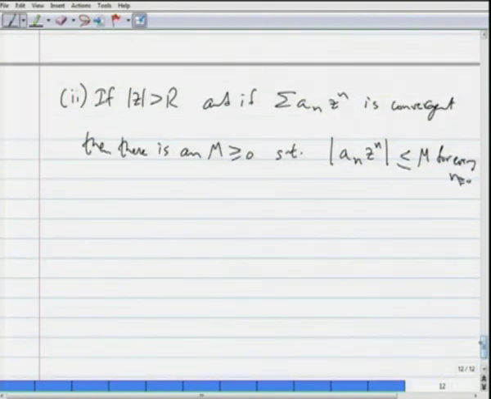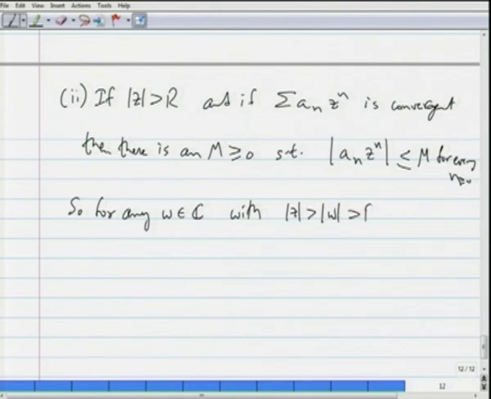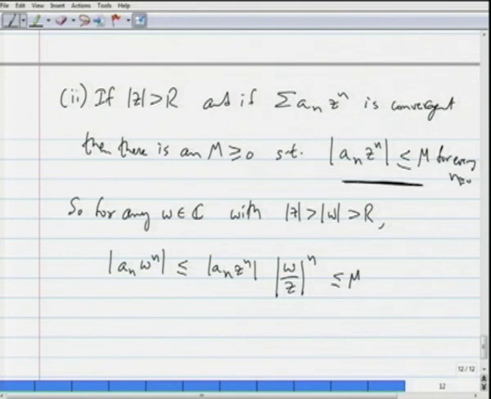That is once again by the previous property. So, for any complex number w with modulus of z greater than modulus of w greater than R, the modulus of a_n w^n will be less than or equal to the modulus of a_n z^n times the modulus of (w/z)^n, which by the above estimate is less than or equal to M times the modulus of (w/z)^n.